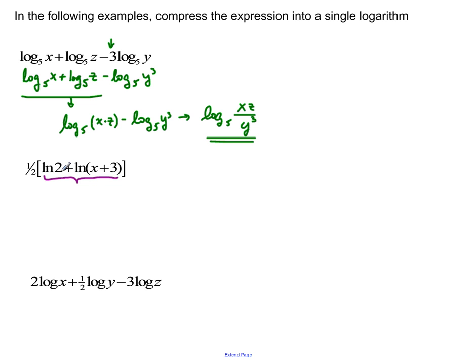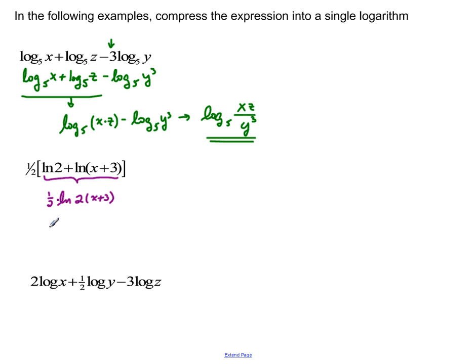We've got the natural log of 2 plus the natural log of the quantity x plus 3, and if we combine those together, we're going to get the natural logarithm of 2 times the quantity x plus 3. Now don't forget that that whole thing is multiplied by the fraction 1/2.